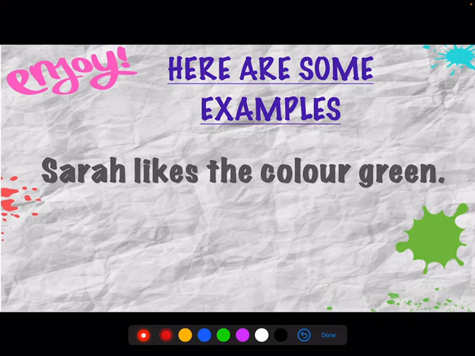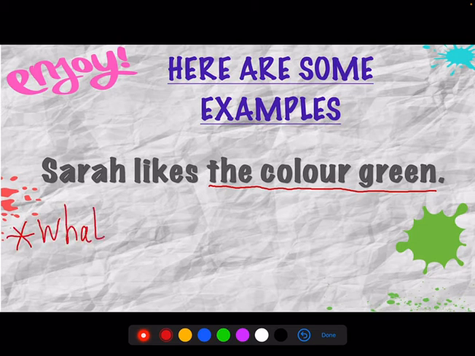For example, let's say I want to ask about an object, a thing. So I want to know this answer. So I have to start my question with what. So I choose my WH word for this sentence, which is what.